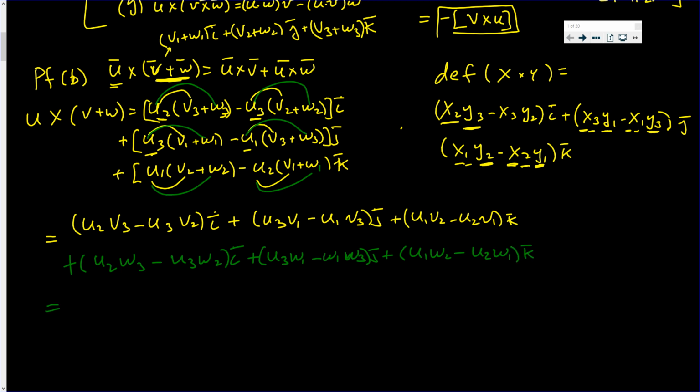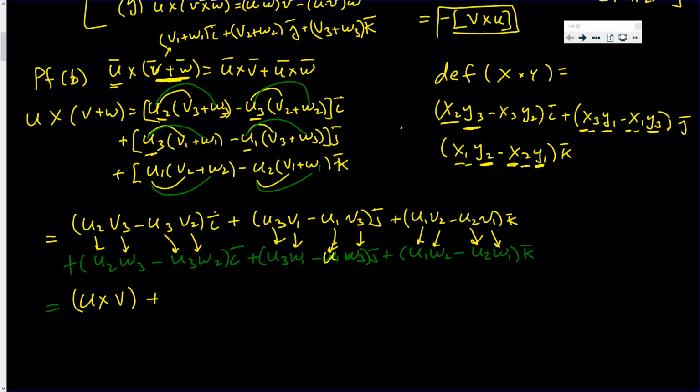But it turns out what's in yellow by definition is U cross V. Plus, now if you notice, all the U's are exactly the same subscript, but V became W: V3 W3, V2 W2, V1 W1.